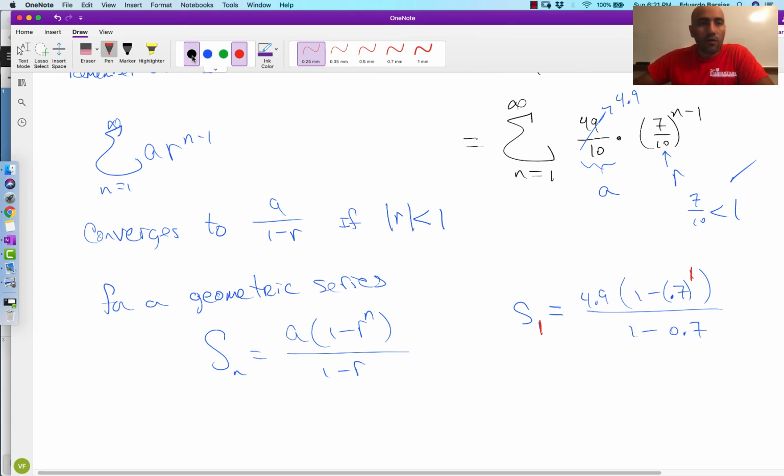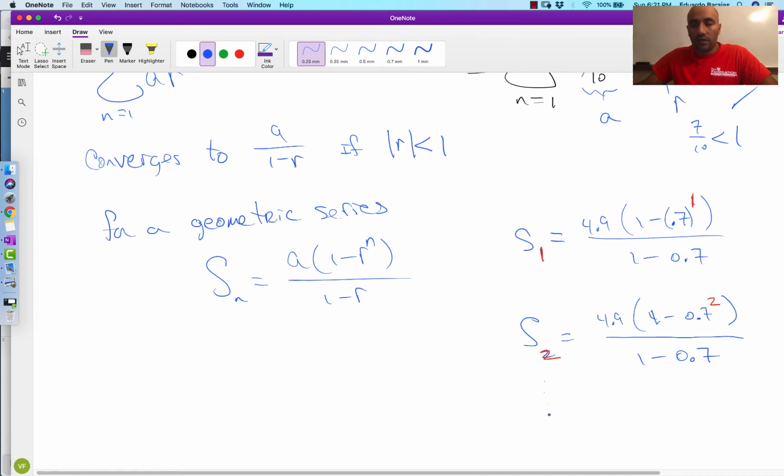Now, to find the next one, s sub 2, that's going to be equal to 4.9 times 1 minus 0.7 to the power of 2. Let's put it in color. S sub 2, power of 2. And then the whole thing gets divided by 1 minus 0.7.